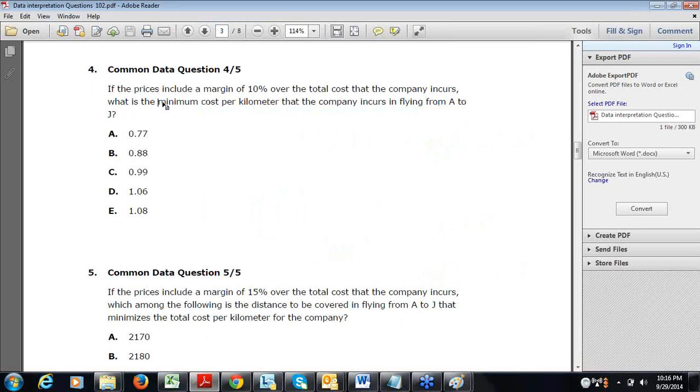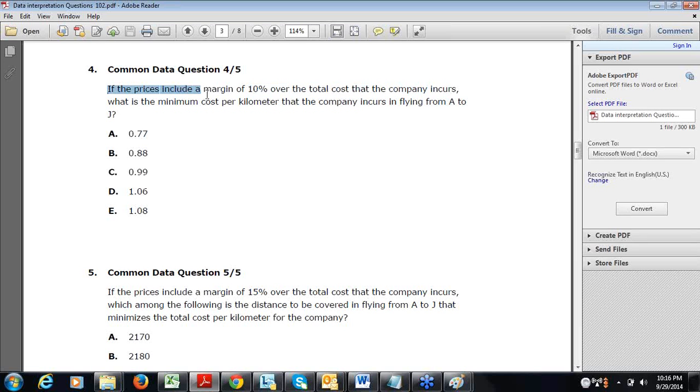See, the question is, if the prices include a margin of 10% over the total cost that the company incurs. And what it is asking, minimum cost that the company incurs. So 10% has been included there. So that 10% needs to be divided. That is why we divided by 1.1. Got it, everybody, or still you have a confusion why divide by 1.1?